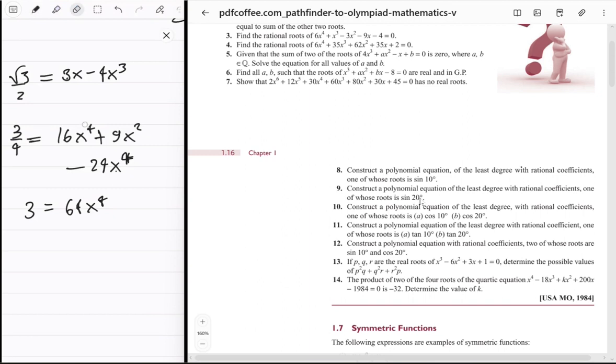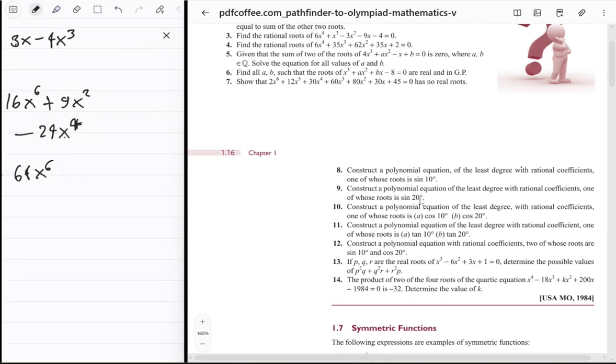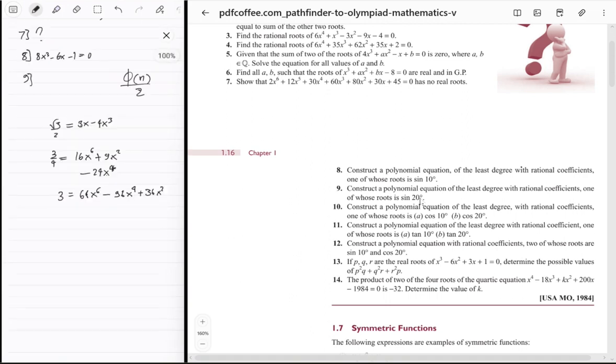It should be x power 6, yes. Okay. Minus 8 times 12 is 96 x power 4, and you've got 36x squared. So the equation is just this guy.